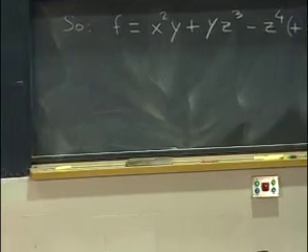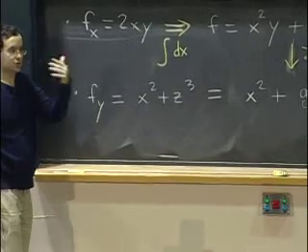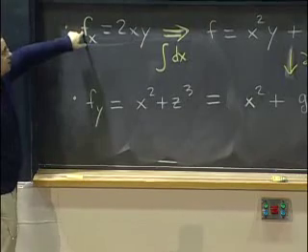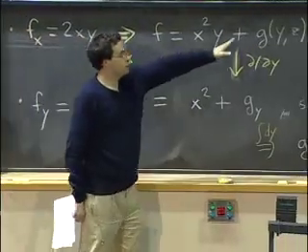We started with, and of course you can do it in whichever order you prefer, but you have to still follow the systematic method. So you start with f sub x, and you integrate that with respect to x. That gives you f up to a function of y and z only.